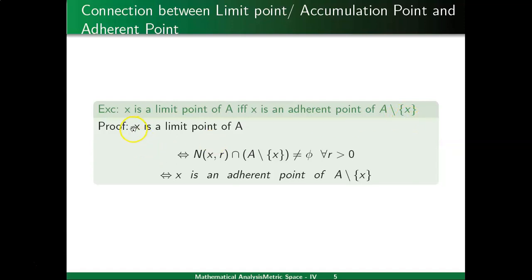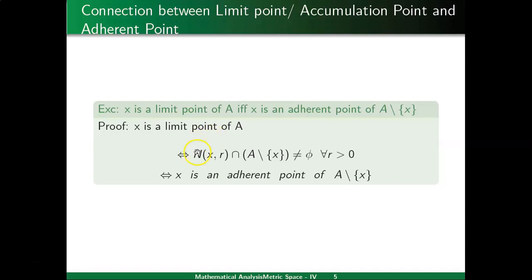See, if x is a limit point or accumulation point of A, then by the definition of accumulation point, every open sphere about x contains a point of A different from x.